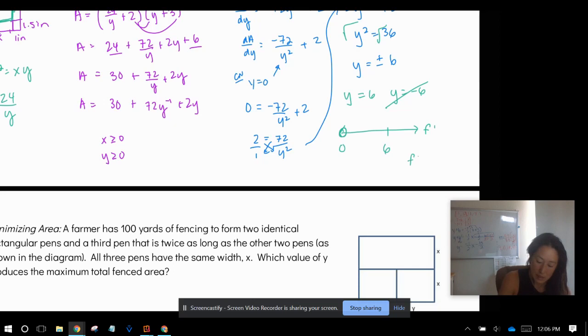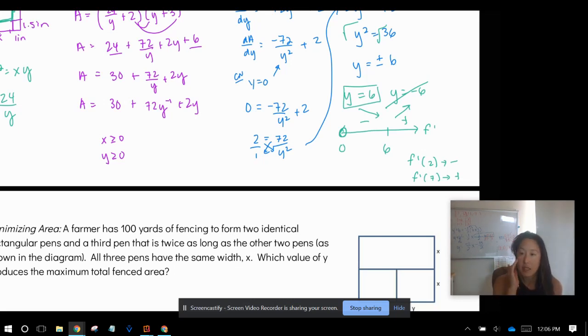So I tested f prime of 2, and I got a negative value, and I tested f prime of 7, and I got a positive value. So I can see that at y equals 6, we have a relative minimum. So we are minimizing the area at y equals 6.